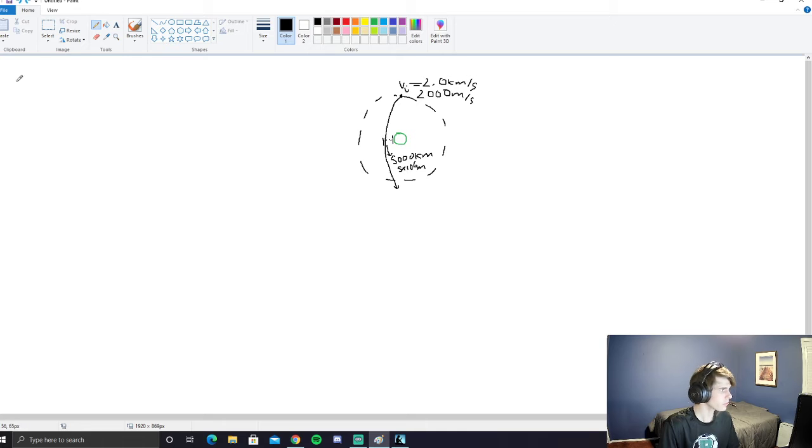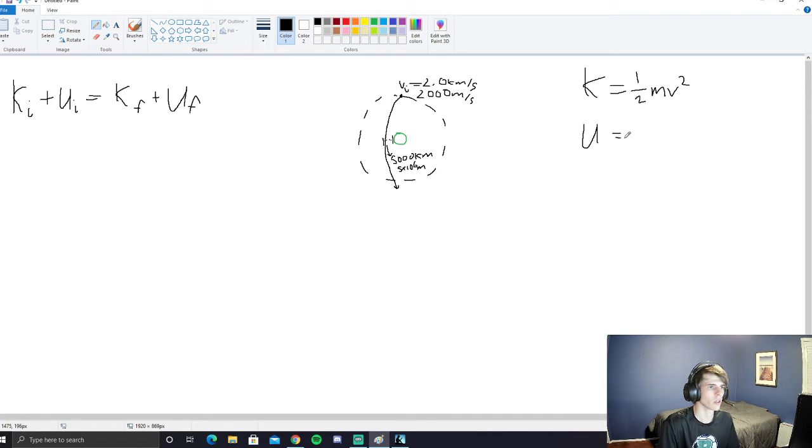So let's have Ki plus Ui, kinetic plus potential, initial, equals Kf plus Uf, potential final. Remember, kinetic energy is just 1/2 mv squared, and potential, from Physics 40A, was mgh.